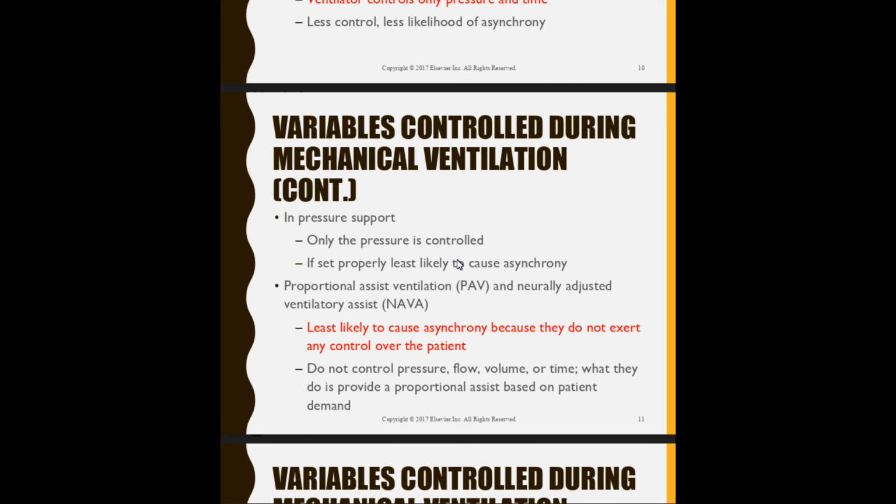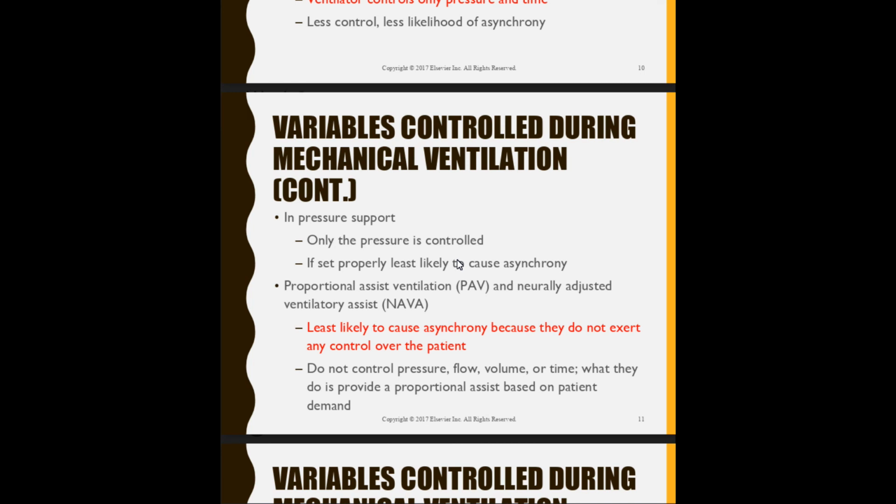Then you have these two things: proportional assist ventilation and neurally adjusted ventilatory assist, PAV and NAVA. I haven't really dealt with any of these, and I'm not sure if they're in an actual ventilator.